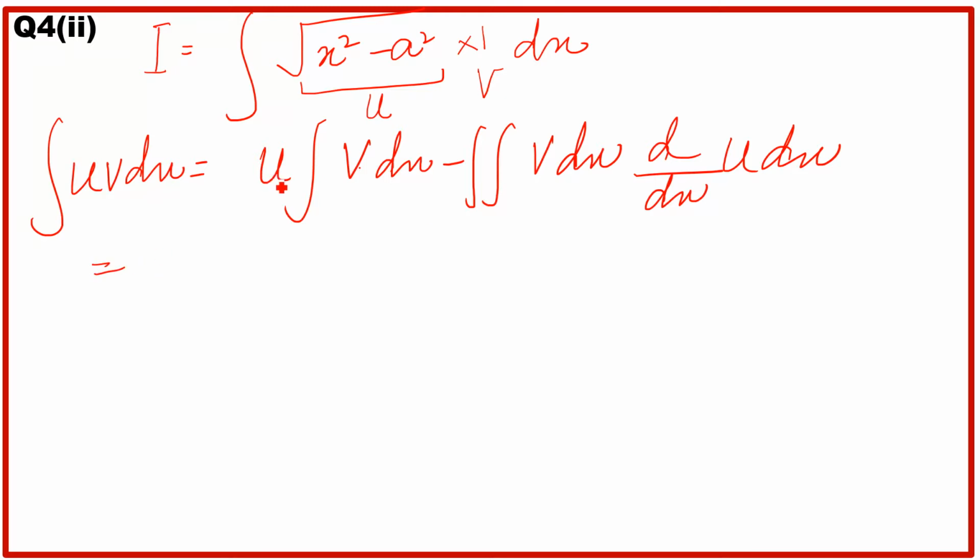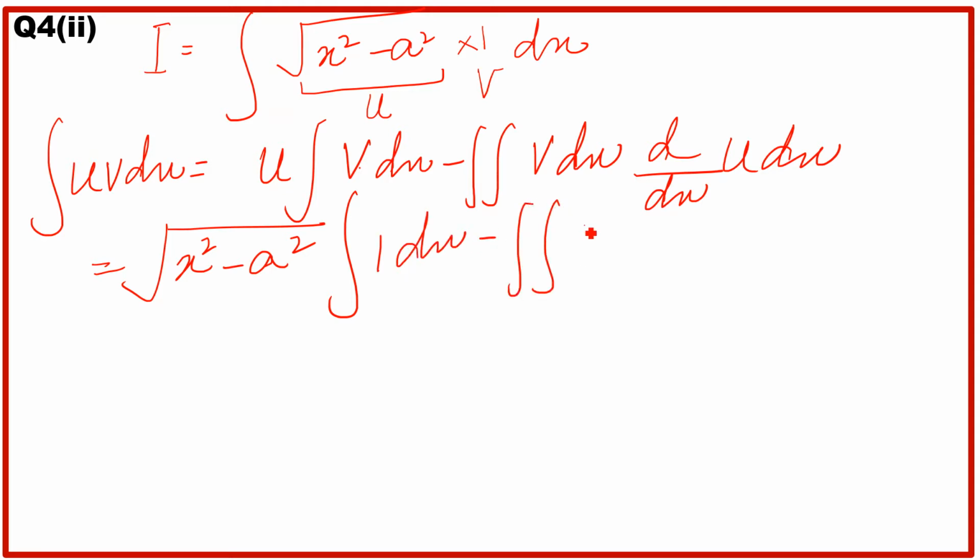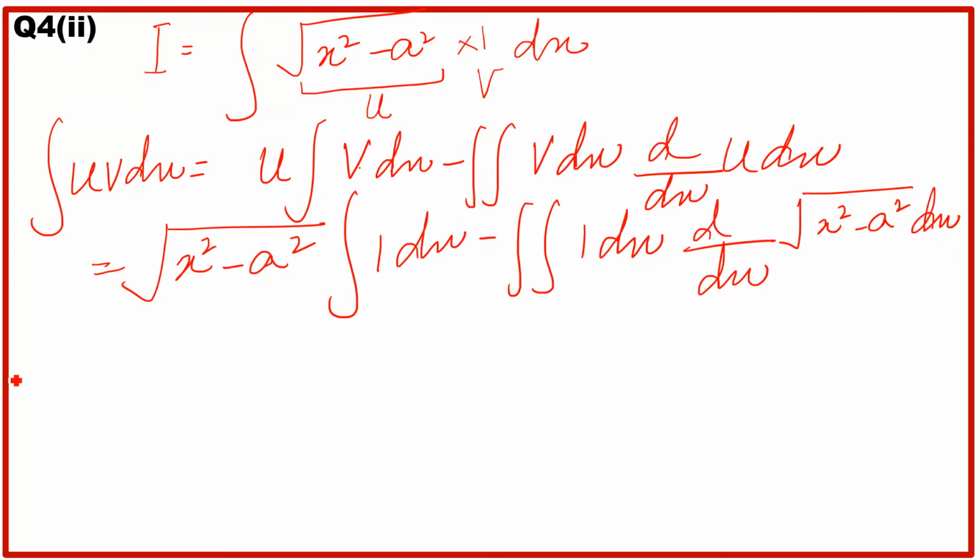Wherever you have u in the formula, you have to write under root x square minus a square, and for v, 1 dx, the double integration of 1 dx, and d by dx of the first function, which is x square minus a square, dx.